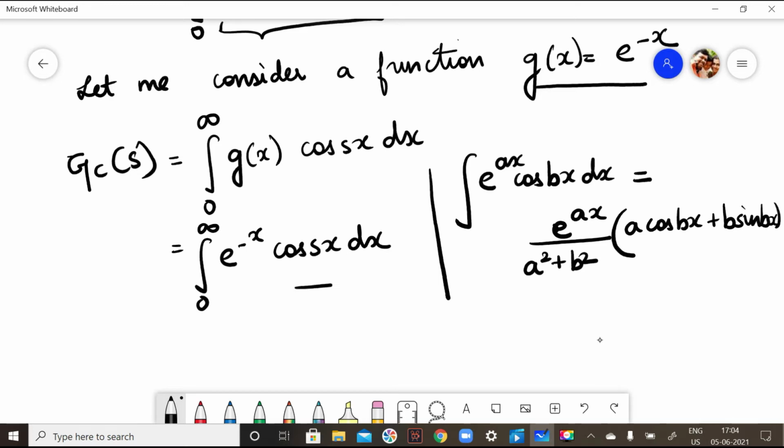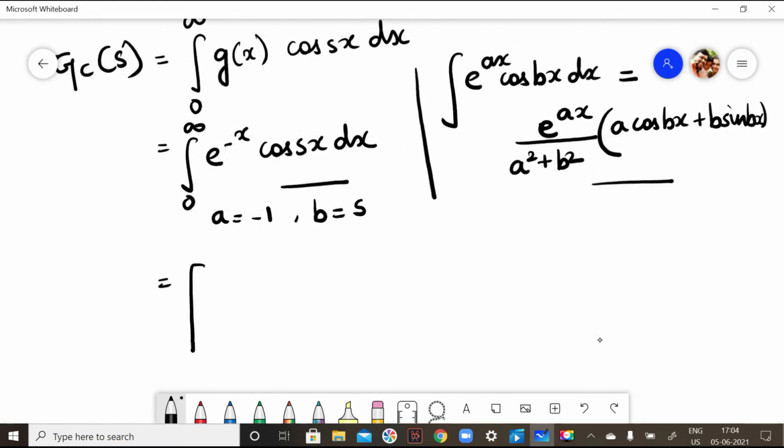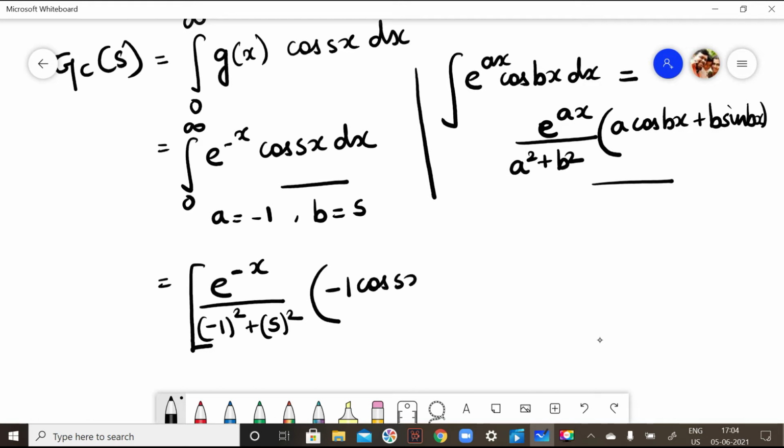Now when I compare, instead of a I have minus 1, and instead of b I have s. So the integration becomes e to the power minus x by minus 1 the whole squared plus s the whole squared, into minus 1 cos sx plus s sine sx. The limit is 0 to infinity.